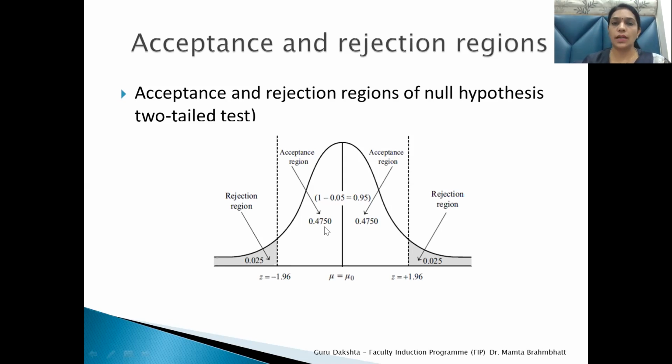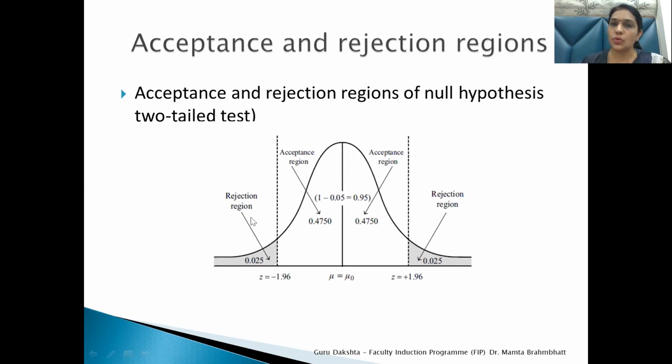When I'm assuming that level of significance is 5%, that means 95% confidence, and 5% there are chances of rejection. So this 5% I need to divide by 2, which comes to 0.025. So 0.025 on this side and 0.025 on this side.